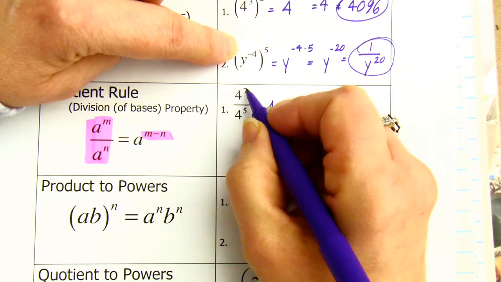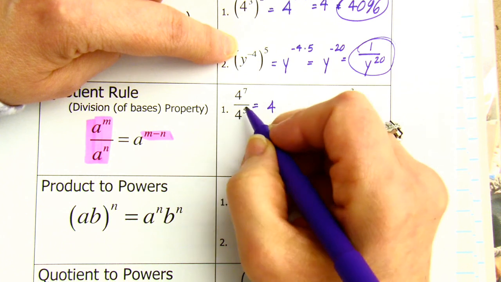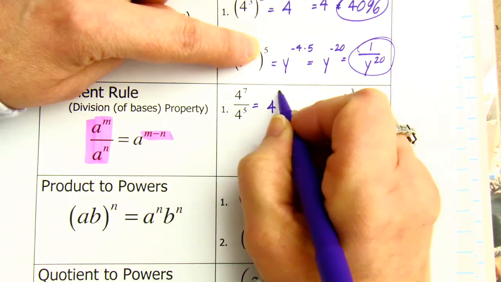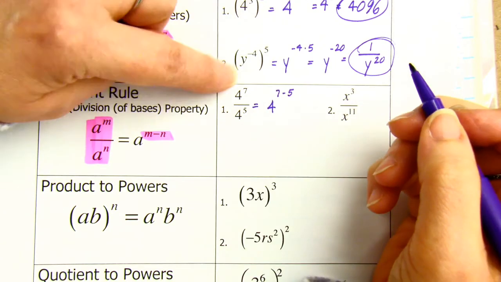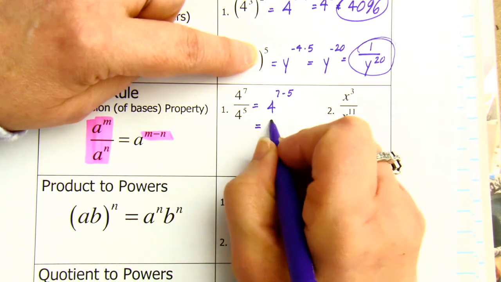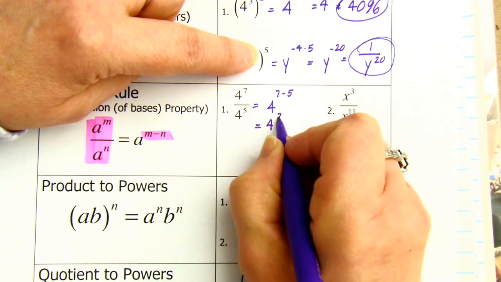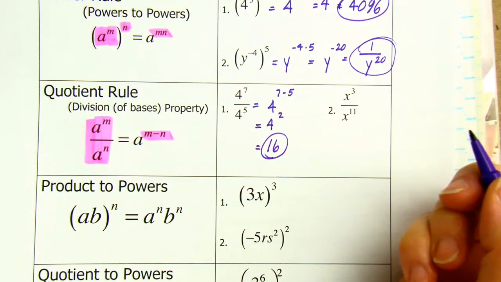It's 7 subtract 5. This division sign almost looks like a subtraction sign. 7 subtract 5. You can't subtract it from bottom to top. It's always top to bottom. Okay? 4 to the 7 minus 5 is really 4 squared is really 16 when you simplify it.